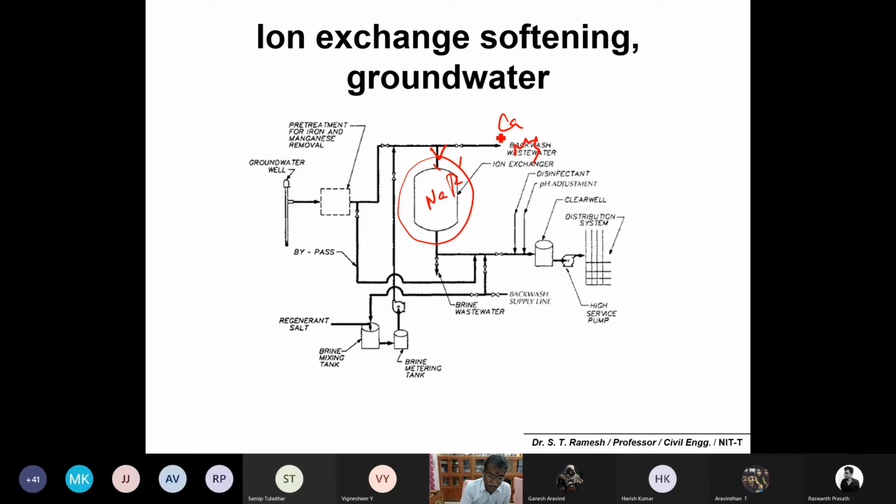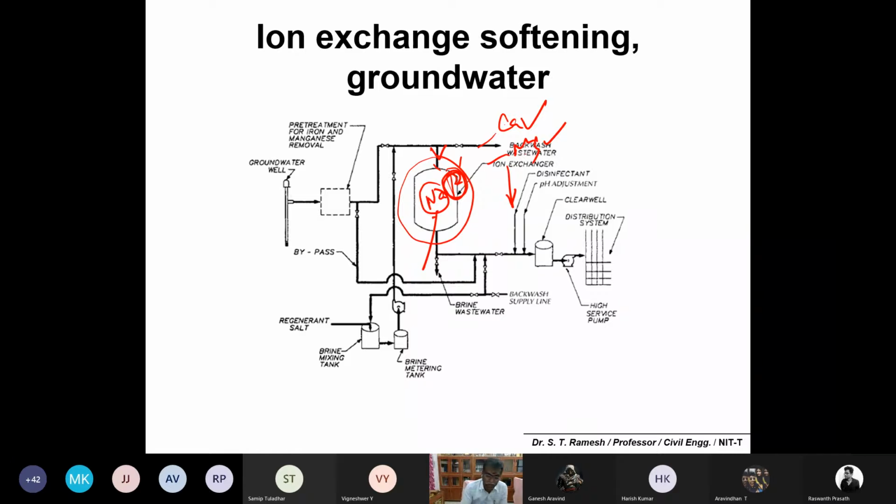So calcium and magnesium will be taken up by the resin, and sodium will be released. Obviously, treated water from the ion exchange resins will be free from calcium and magnesium, and indirectly, free from hardness.